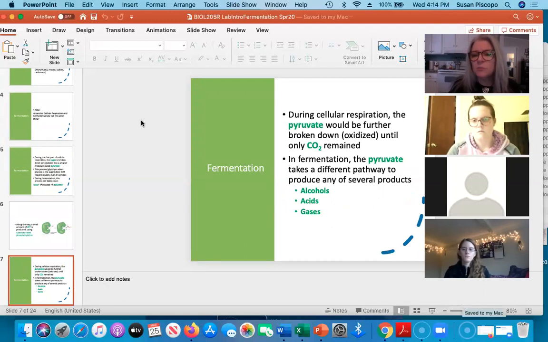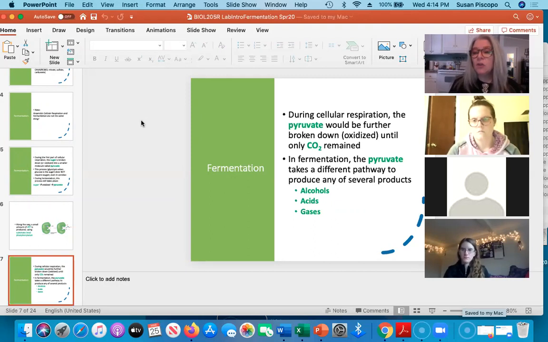Now, if the organism were going to go through cellular respiration, the pyruvate would continue down this long pathway of metabolism. It would go through pyruvate processing, and it would go into the Krebs cycle, and it would go down the electron transport chain, a long series of reactions. But during fermentation, the pyruvate takes a different path.